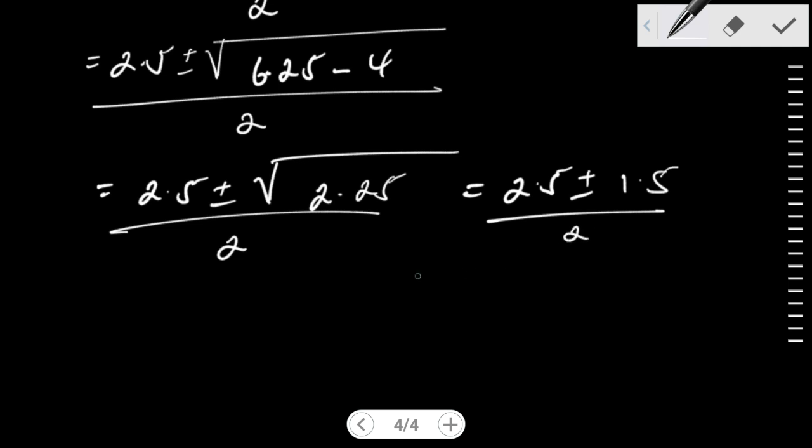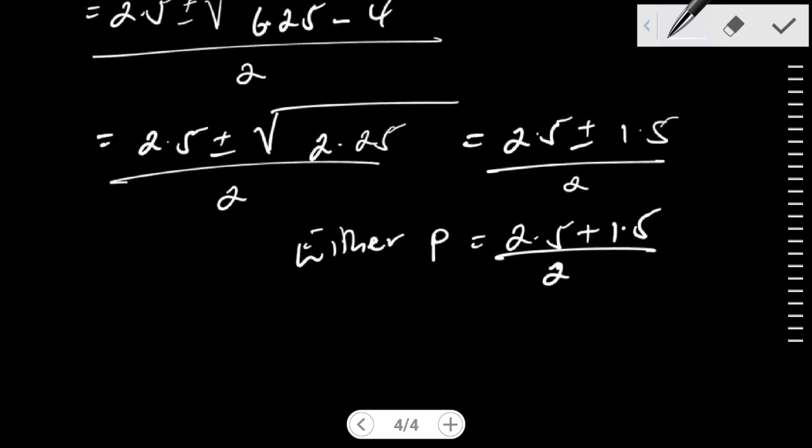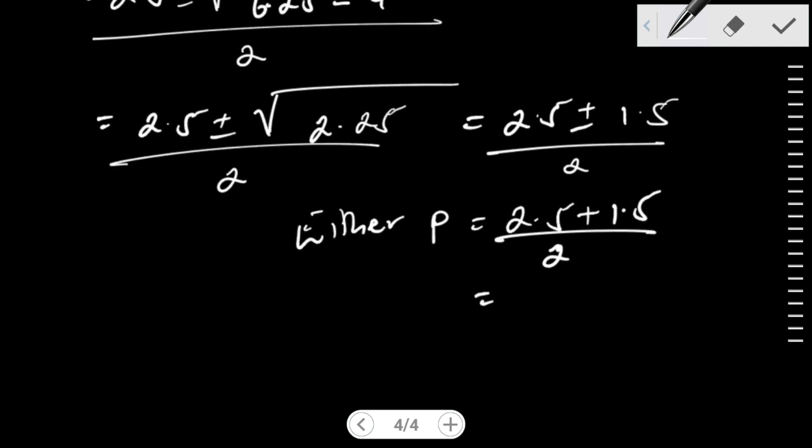Therefore either p would be equals to 2.5 plus 1.5 all over 2, and this would give us 2.